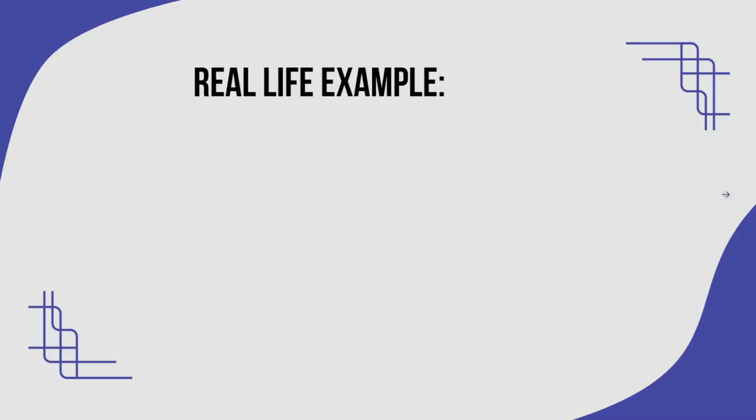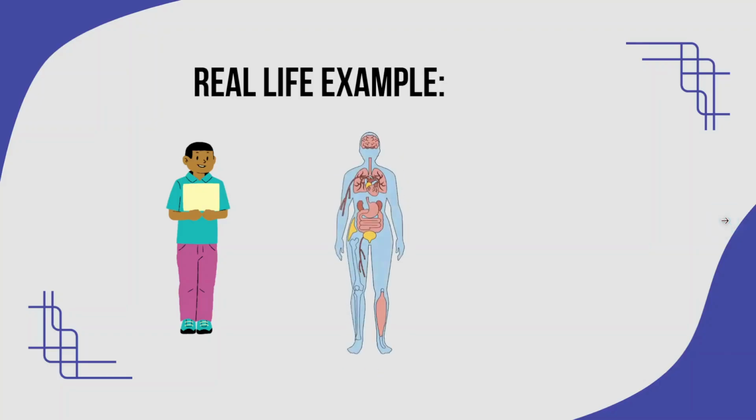Let's take a real life example. We can take the example of a human body. The human body has so many organs that perform different kinds of operations, and it also has a soul.